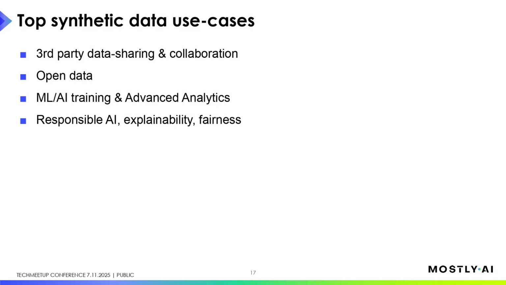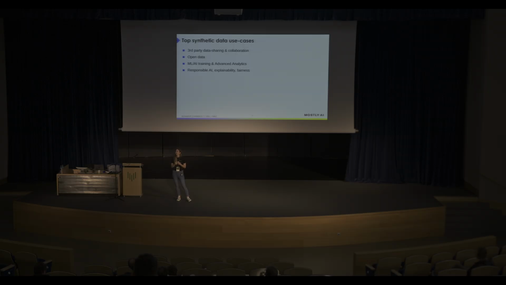Basically, it's data sharing. It's data sharing with subsidiaries in different countries. It is open data from the governments to the public, to the researchers. So that's, I would say, the main use case of the data.